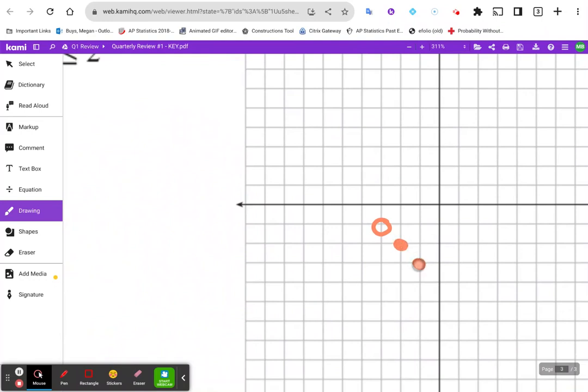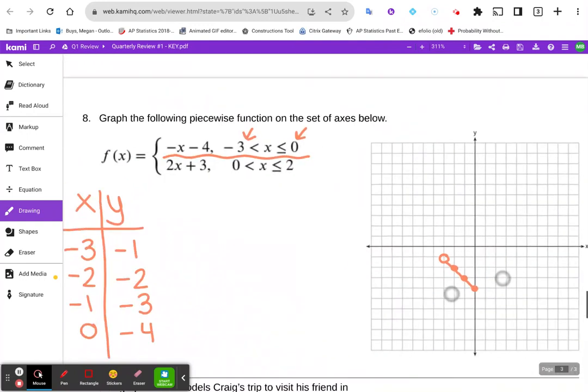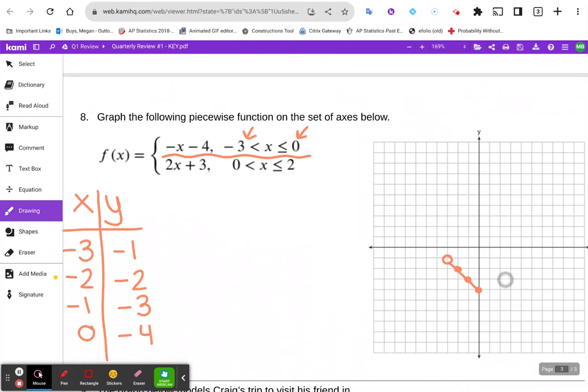At negative 1, negative 3 will close. And I'll be able to close at 0, negative 4, because there's a line underneath there. X is less than or equal to. Or equal to indicates that it's included. It's a little bit more work to draw the line underneath, so it's a little bit more work to shade in our circle there. And I connect those values. So that's my variable from negative 3 to 0.